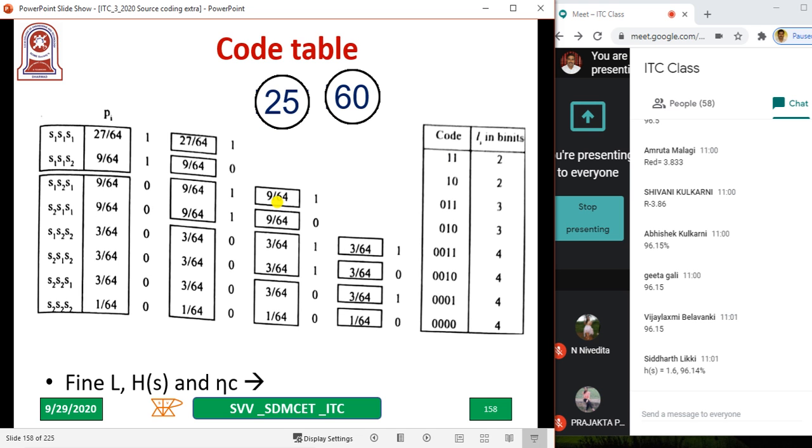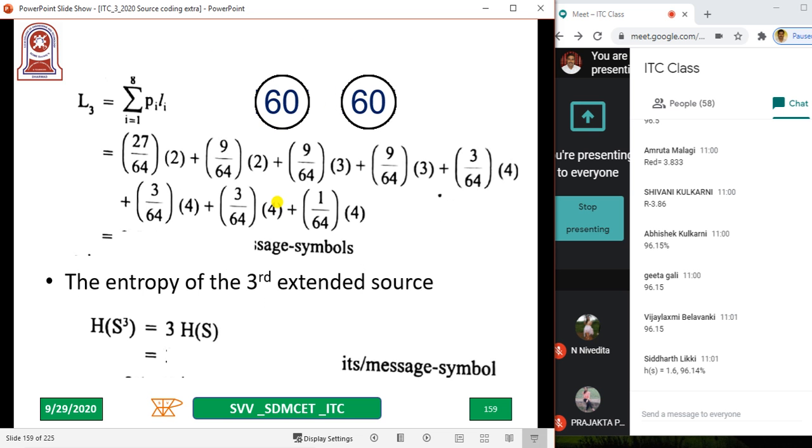Number of bits you know, probability you know. Simply use L3 equal to summation i equal to 1 to 8, Pi Li. Pi you fill it, Li you have calculated how many bits just now, and find out the answer. Then H of S cube. Simply find out using 3 into H of S, then find out the efficiency.